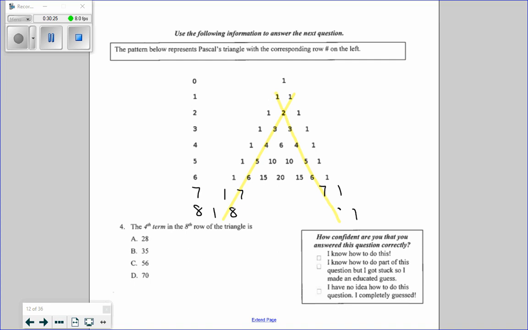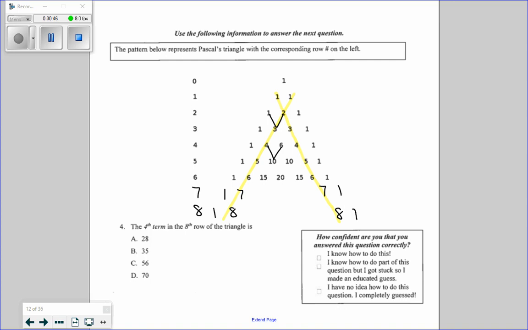So we can write 7 and 8. Now, one thing to note is how the numbers are placed. Each row seems to place a number between two other numbers. Like this 10 here is placed between these two. This 3 is between those two, like it's staggered.